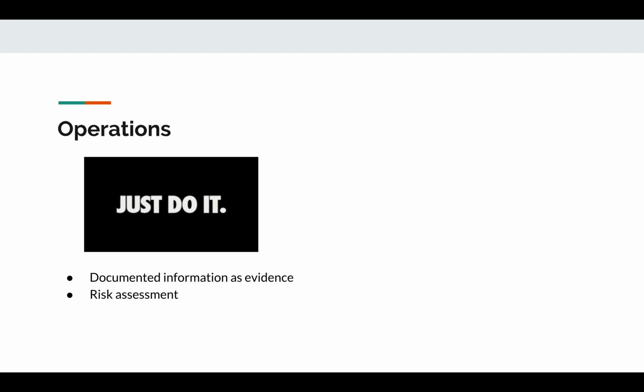Also, they need to do risk assessment at planned intervals. They need to perform information security risk assessment at planned intervals, or when significant changes are proposed or occur. And when doing the reassessment, they need to take account of the criteria established before.